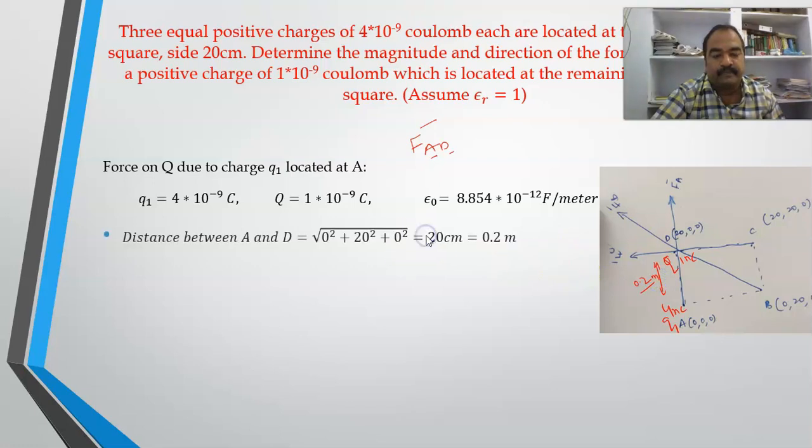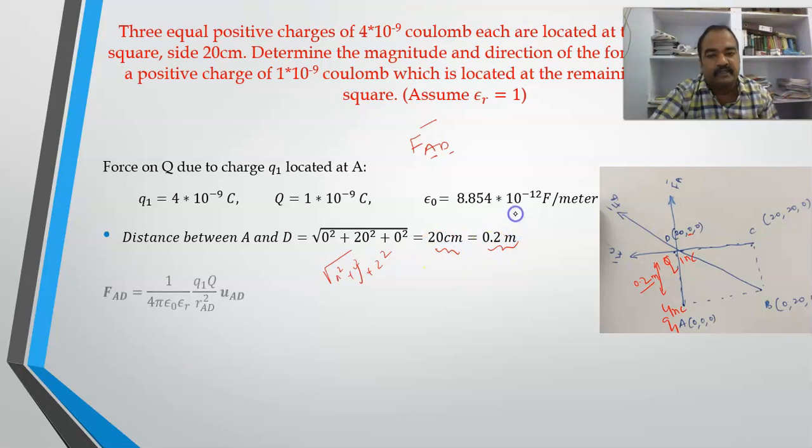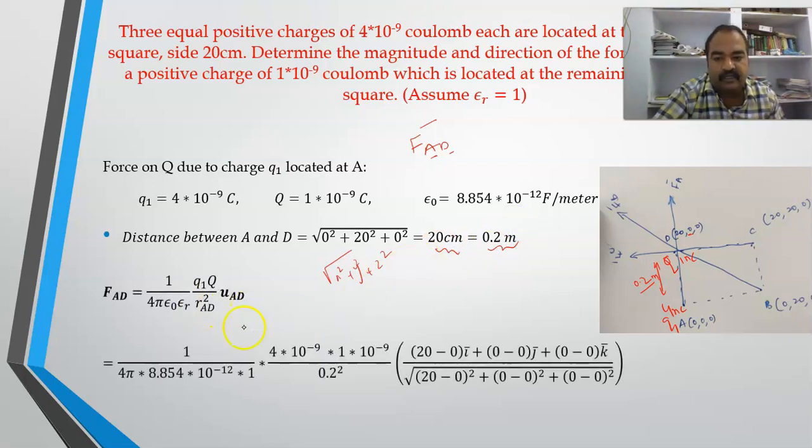The distance is 20 minus 0, 0 minus 0, 0 minus 0, so square root of x square plus y square plus z square. So 20 centimeters, or I can write it as 0.2 meters. Now the force, you know the formula, you substitute everything. So what will you be getting?